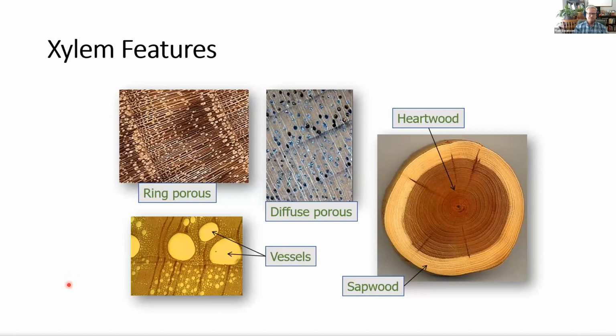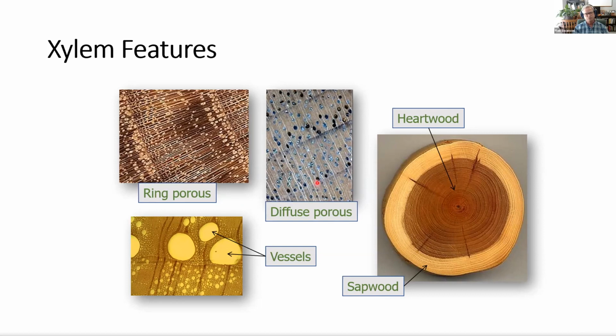So here's an example of a ring porous tree under some microscopic examination. So this would be the spring. Notice how large these vessels are in the springtime. And then as it grows throughout the season and adds on more vascular capability, note that it gets smaller and smaller and almost disappears by the end of the growing season in the fall.